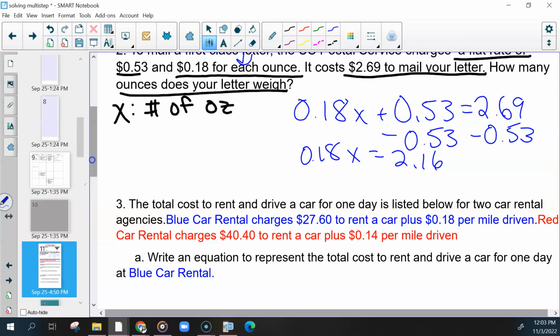I did see your hand. Divide that, tell me what you get. Just like our variable, we have to be specific with our answer as well. 12 what? What are we looking for? Ounces. Number of ounces, so 12 ounces.